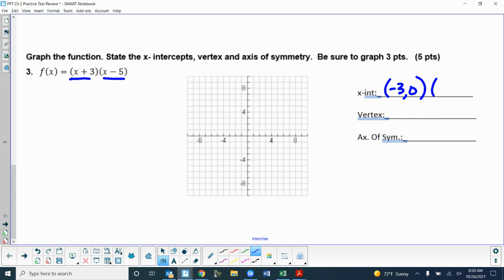What makes the second binomial, that parenthesis, equal to 0? Positive 5. So there's my two x-intercepts. All right, and I'm going to graph those right away. So there's negative 3, 0, and here's 5, 0. Okay?